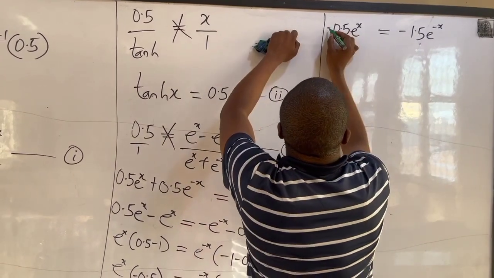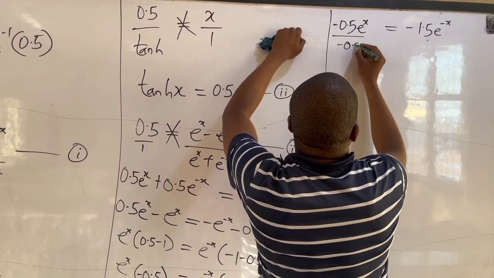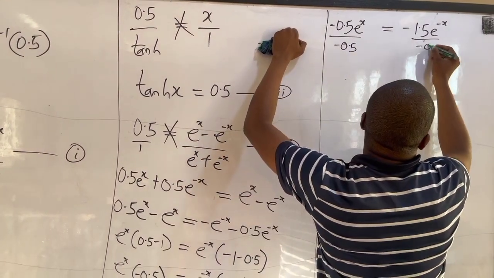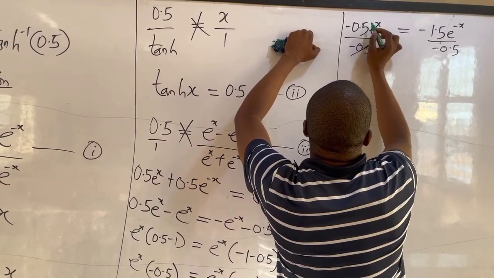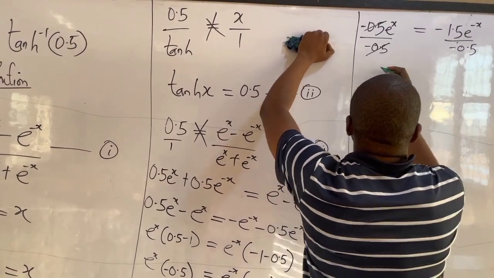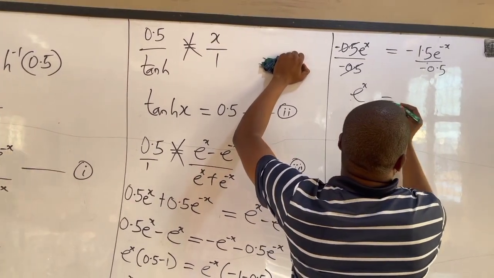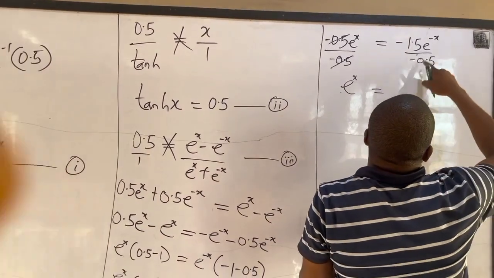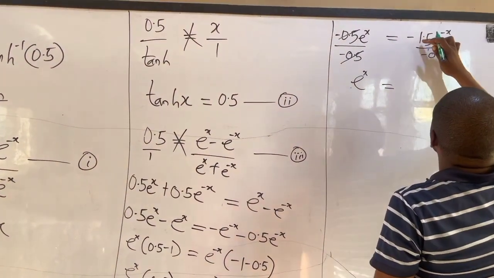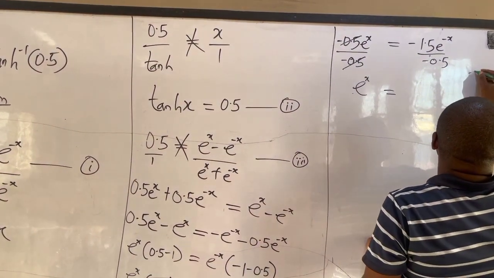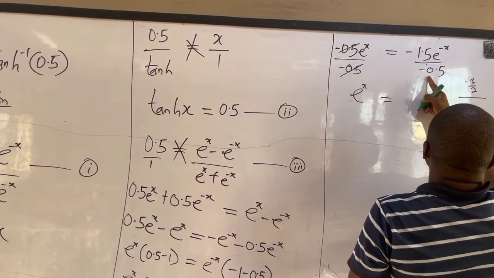So dividing everything by negative 0.5, negative 0.5 divided by negative 0.5 cancels out. We are left with e exponent x is equal to, now dividing this, mind you, negative 1.5 is the same as negative 3 over 2, divided by negative 0.5.